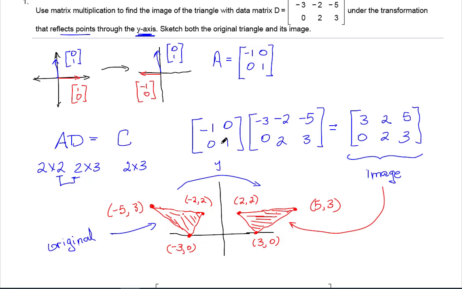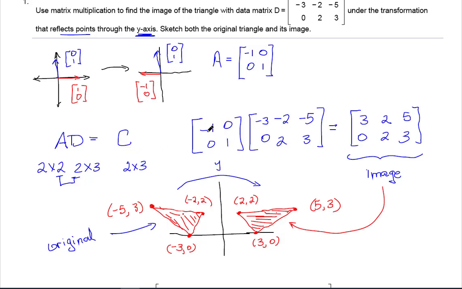The operation would be matrix multiplication, and the operation is defined. A is 2 by 2, my triangle D is 2 by 3, so the resulting matrix will be 2 by 3. And the coordinates represent where the triangle went.